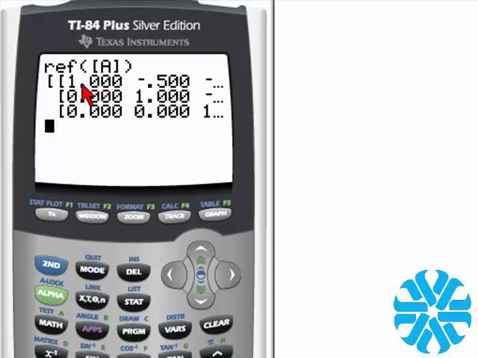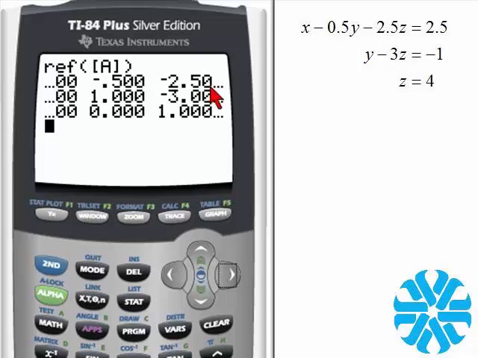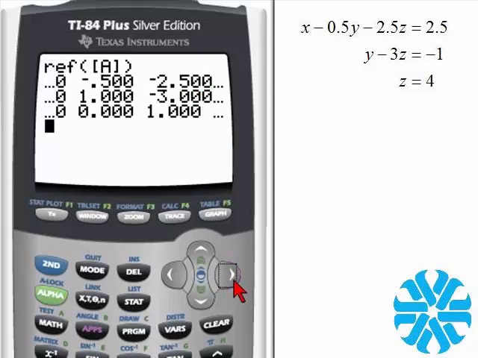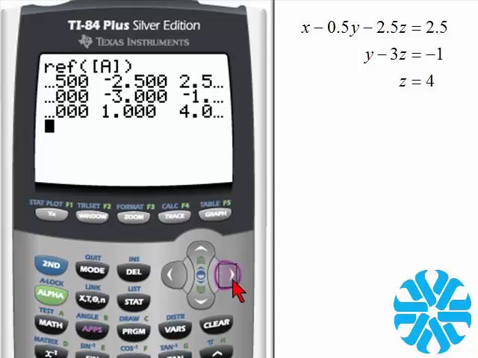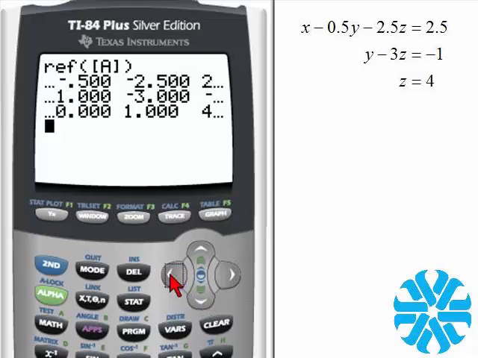So if you look to the screen to the right, you will see the system of equations now corresponding to this matrix. So you can see 1 means x, negative 0.5 is negative 0.5y, and then negative 2.5z, and that equals 2.5. Okay, and let's move over again. Let's look at the second row.